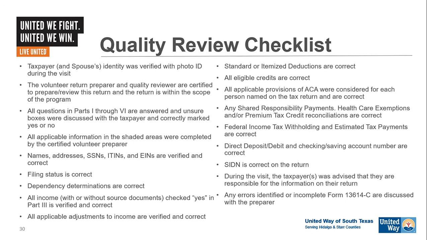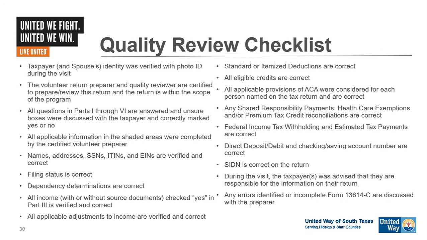All the questions in Parts 1 through 6 are answered, and unsure boxes were discussed with the taxpayer and correctly marked yes or no. All applicable information in shaded areas was completed by the certified volunteer preparer. The names, addresses, Social Security numbers, ITINs, and EINs were verified and correct. The filing status is correct. The dependency determinations are correct.